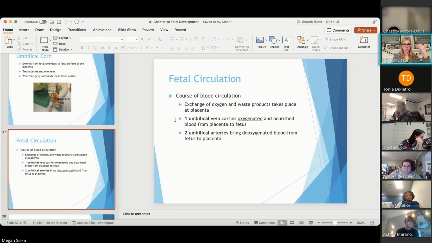This is important. Star this, remember this. The 1 vein is what carries the oxygenated blood to the baby. Those 2 small arteries are what brings the deoxygenated blood from the baby, from the fetus, back to the placenta. So make sure you guys don't get those confused.